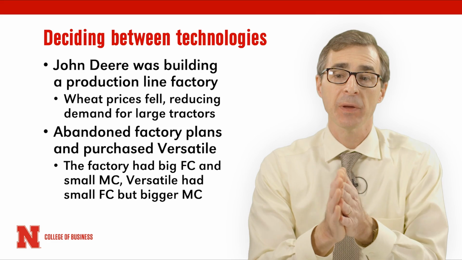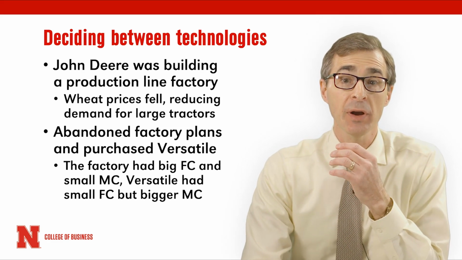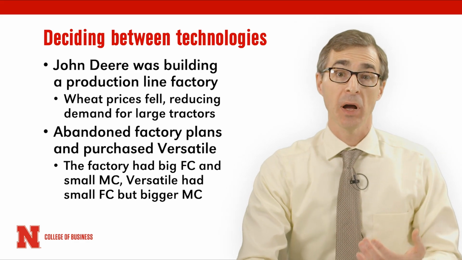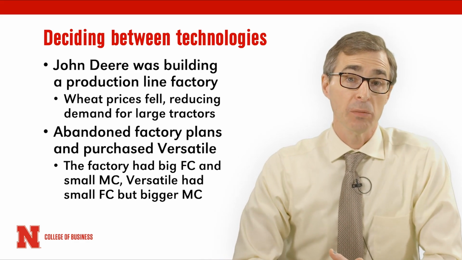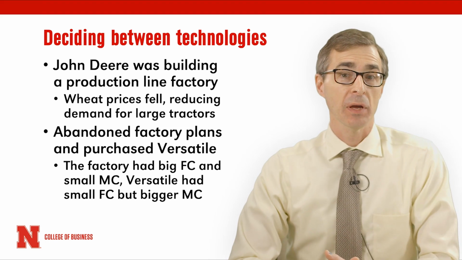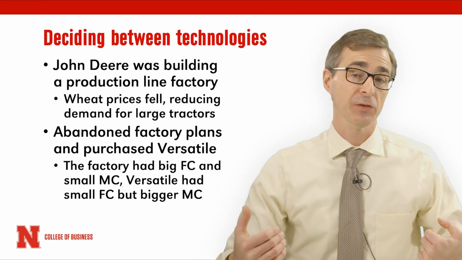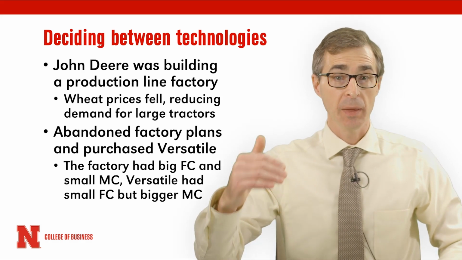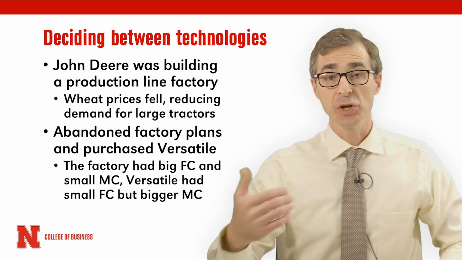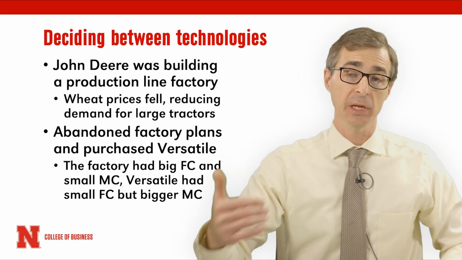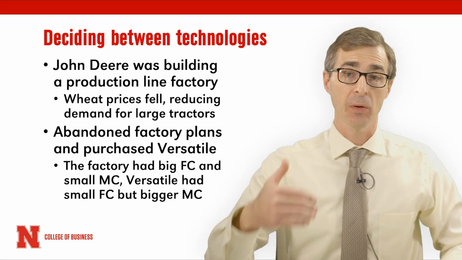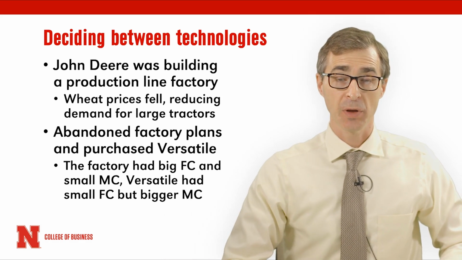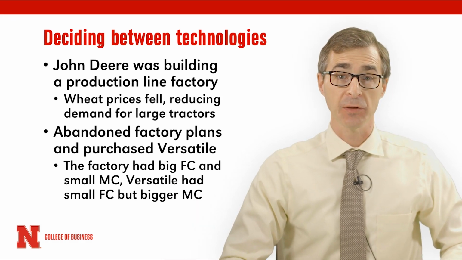Well, the advantage meant that the company could reach profitability sooner, and in an era where demand for the particular tractor that they were marketing had fallen, it made some economic sense to go with a lower fixed cost and higher marginal cost investment strategy. The break-even quantity in that case turned out to be much lower. So John Deere also utilized a form of break-even analysis in order to make that decision to abandon their large production facility and acquire a smaller scale production facility firm.